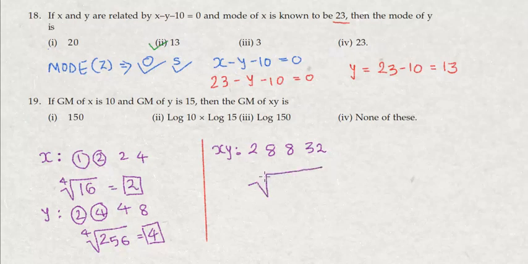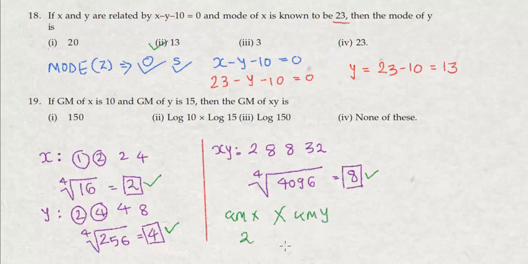So we have to find the fourth root of 4096, and yes, the fourth root of 4096 is nothing but 8. We could have found this 8 by just multiplying the geometric mean of X into the geometric mean of Y. If we had done 2 into 4, we would get our answer as 8.